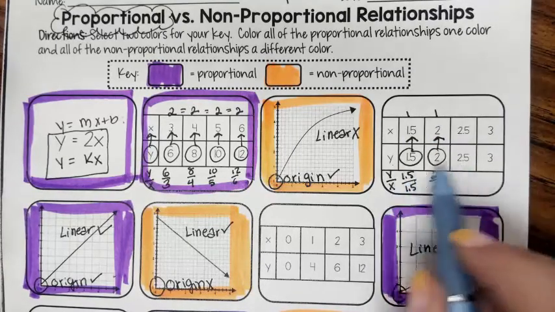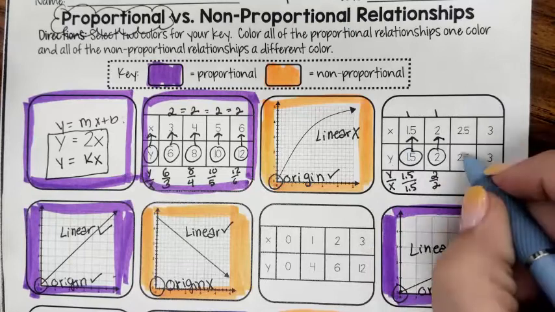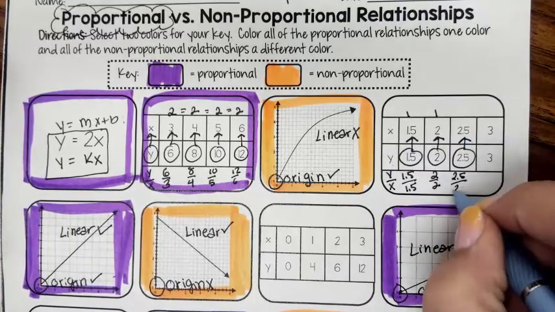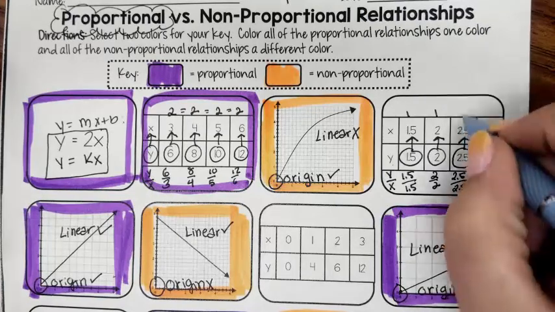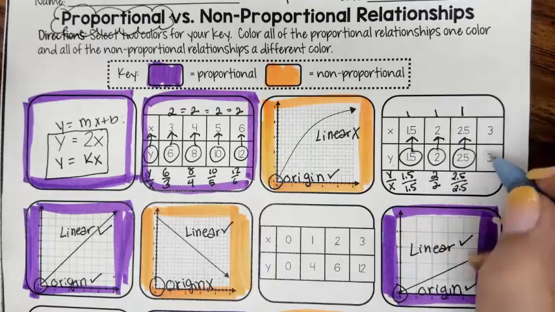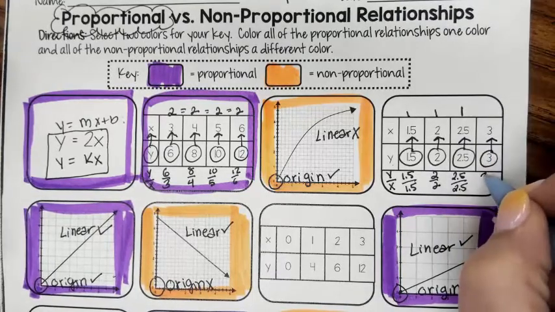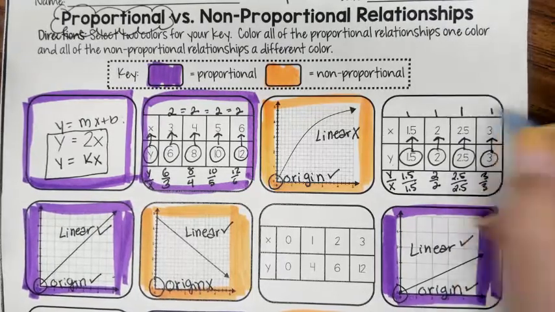The next y over x is 2.5 over 2.5, which is 1. And the next y over x is 3 over 3. And 3 divided by 3 is 1.